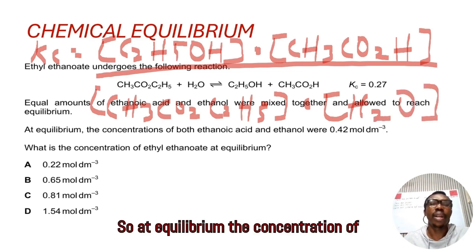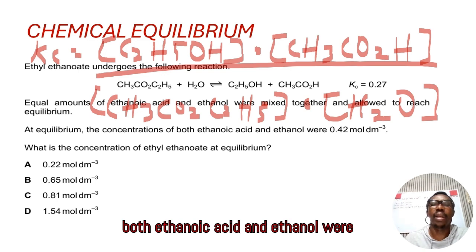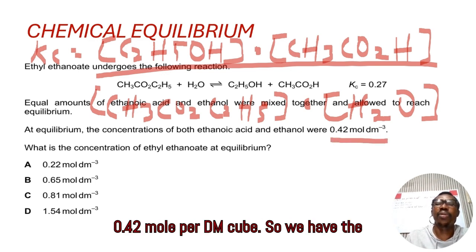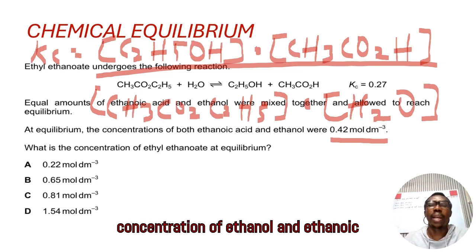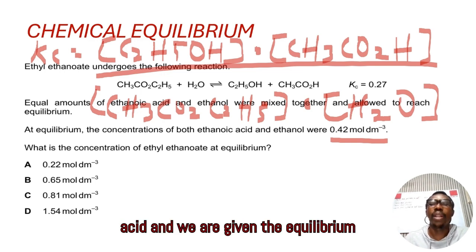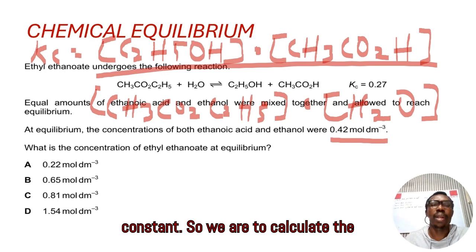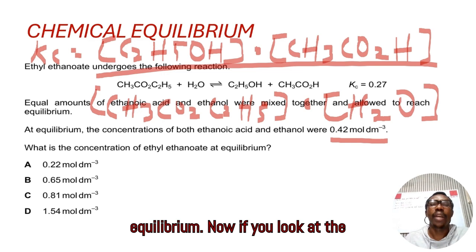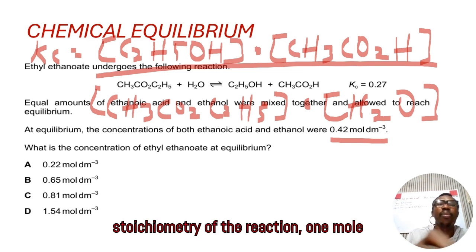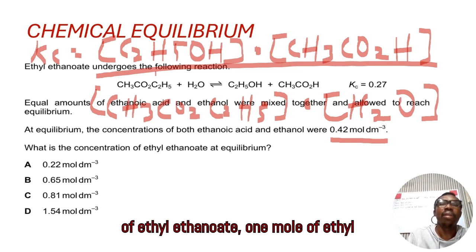At equilibrium, the concentration of both ethanoic acid and ethanol was 0.42 mole per dm cube. So we have the concentrations of ethanol and ethanoic acid, and we are given the equilibrium constant. So we have to calculate the concentration of ethyl ethanoate at equilibrium. Now, if you look at the stoichiometry of the reaction, 1 mole of ethyl ethanoate reacts when 1 mole of ethanoic acid is formed, and 1 mole of water reacts.